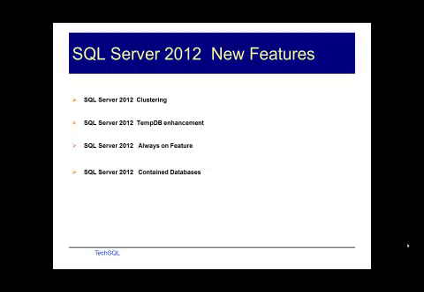Always On failover cluster instances extends Windows Server Failover Clustering, also known as WSFC, functionality to provide local high availability through redundancy at the server instance level. A failover cluster instance, an FCI, is a single instance of SQL Server that is installed across Windows Server Failover Clustering nodes and possibly across multiple subnets.